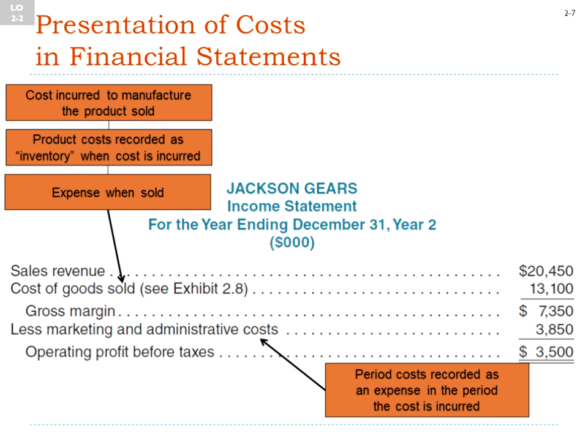So product costs are costs that are capitalized, and then period costs are expensed in the period that they're incurred. And if you remember, when we say that a cost is capitalized, that means that we're going to call it an asset for the time being.